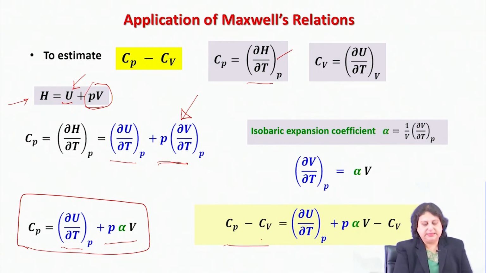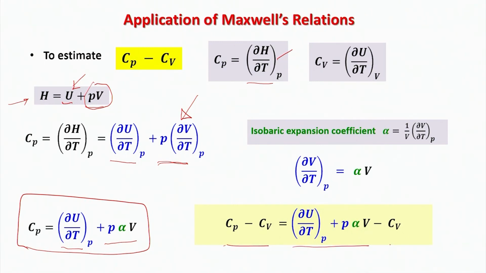Now, Cp minus Cv is equal to this expression for Cp that we have derived, minus Cv.